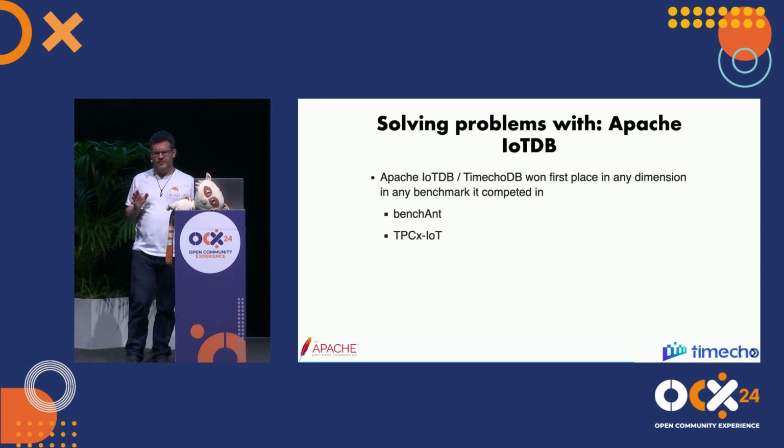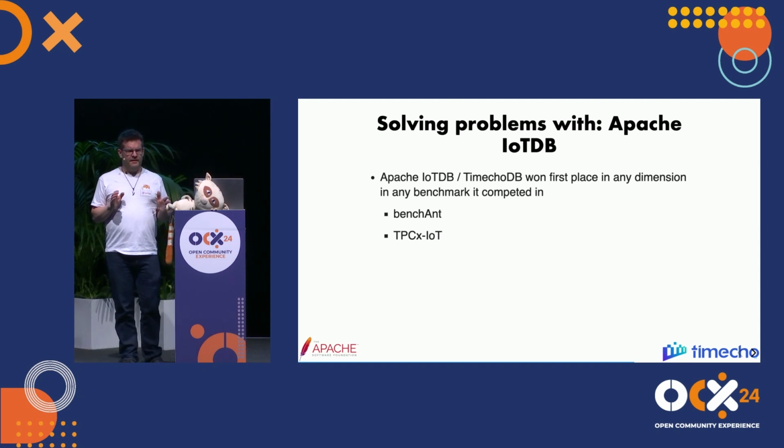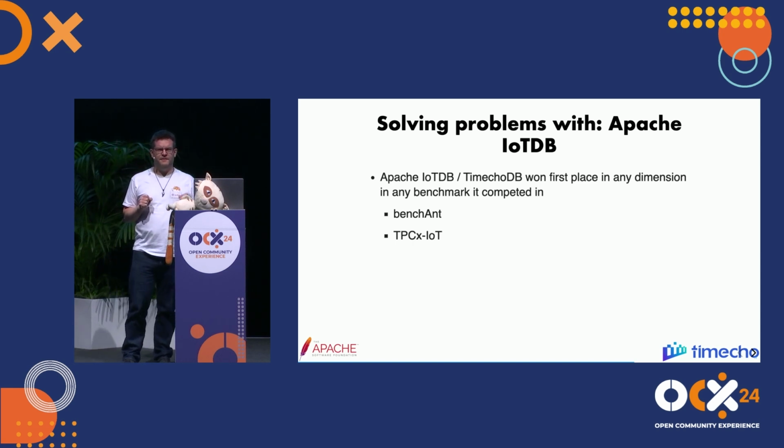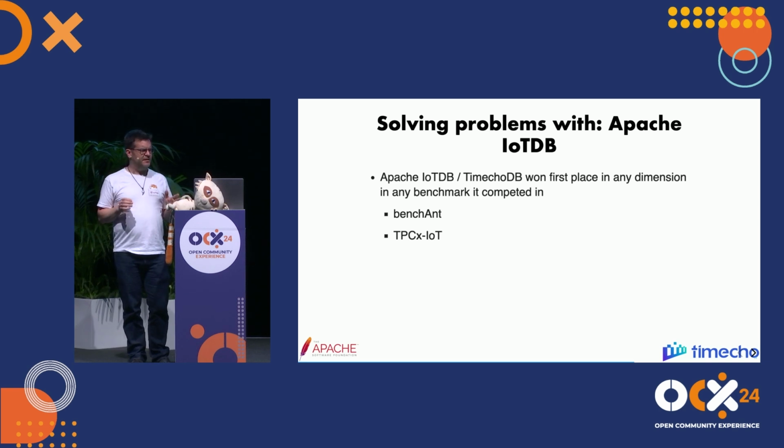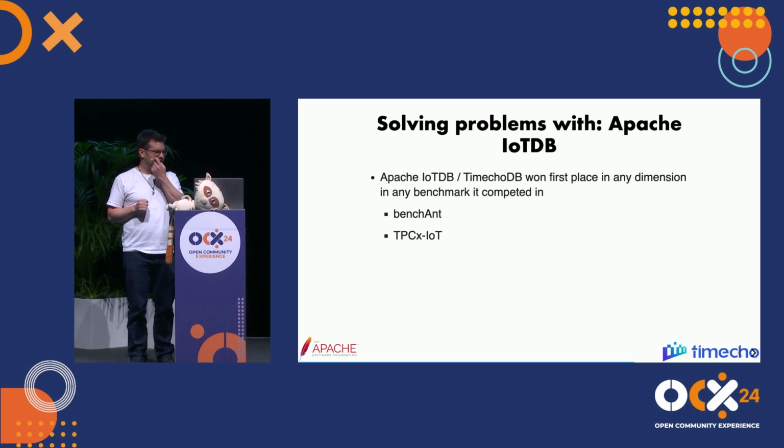Those of you who don't know the TPC Foundation, this foundation is so old, their web system today really feels like being back in the 90s. I think it was created to have comparisons between relational databases from the 90s.